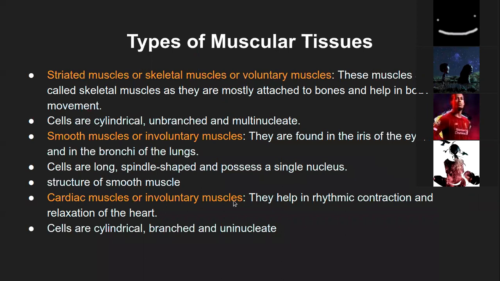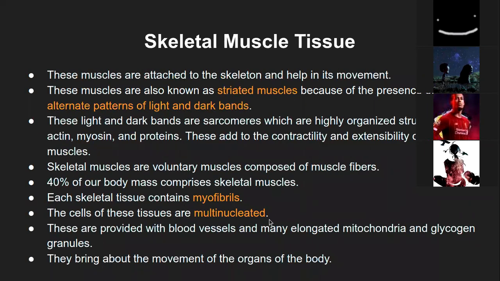Okay, so that is why it has to be multinucleated, and of course they are also provided with blood vessels because that will provide nutrition, and many elongated mitochondria and glycogen granules. Mitochondria we already discussed, now glycogen granules.